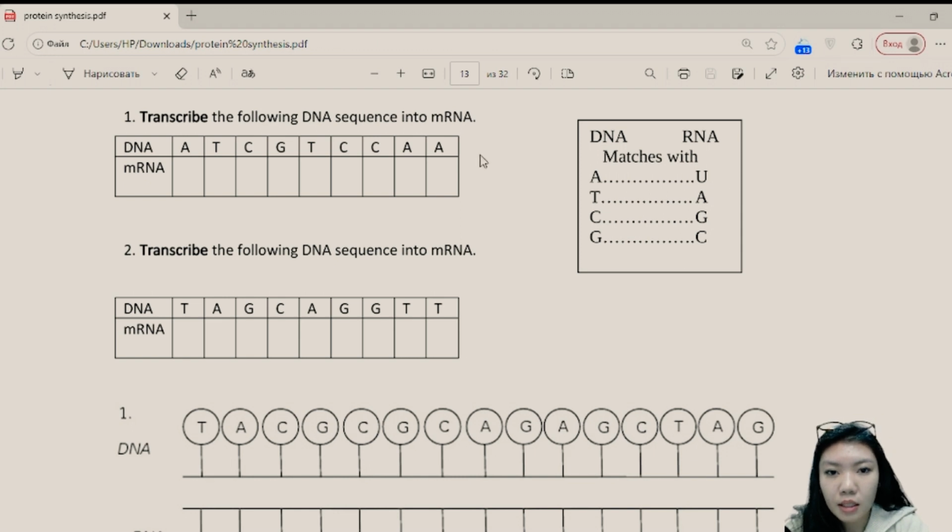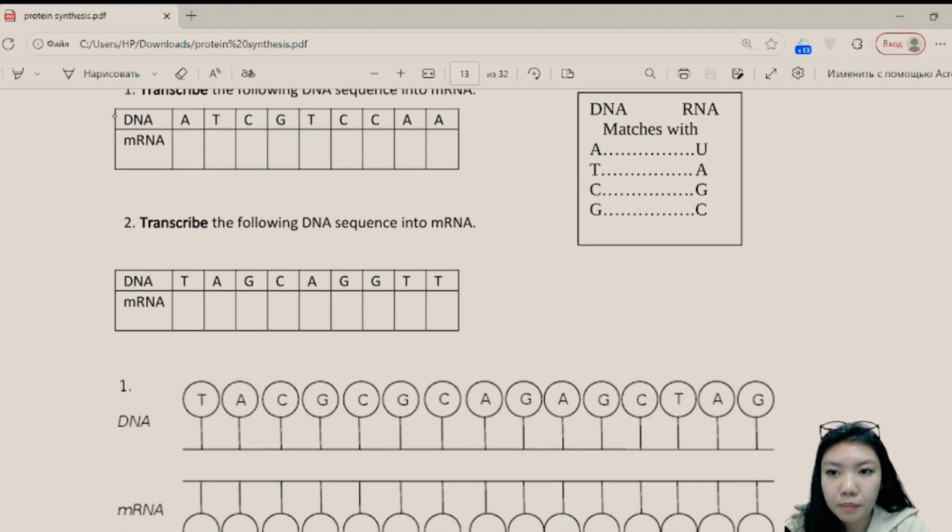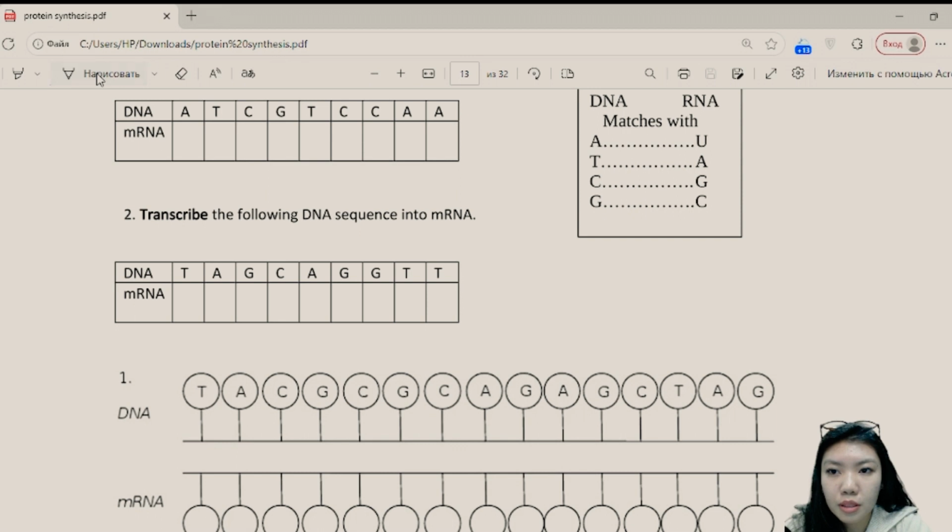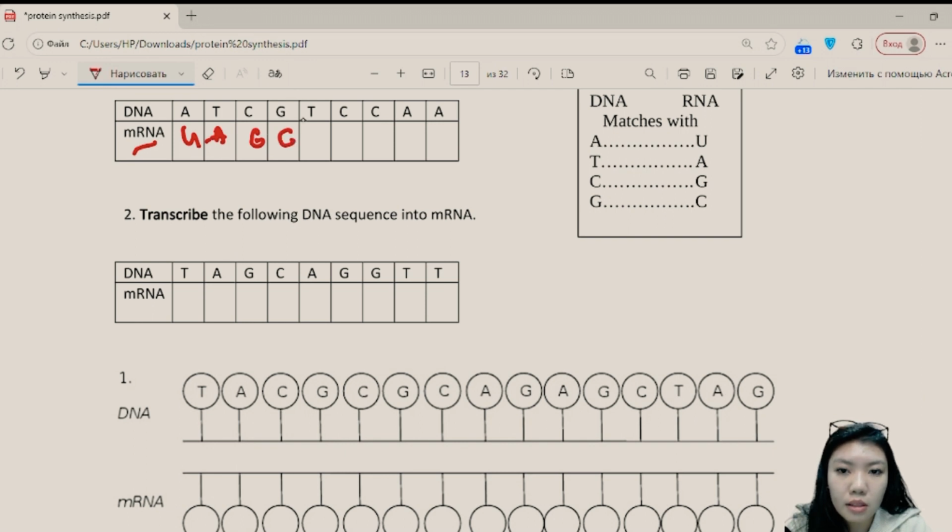Thymine with adenine. Cytosine with guanine. Guanine with cytosine. Thymine with adenine. Cytosine with guanine. Here also guanine. Here also uracil and uracil.